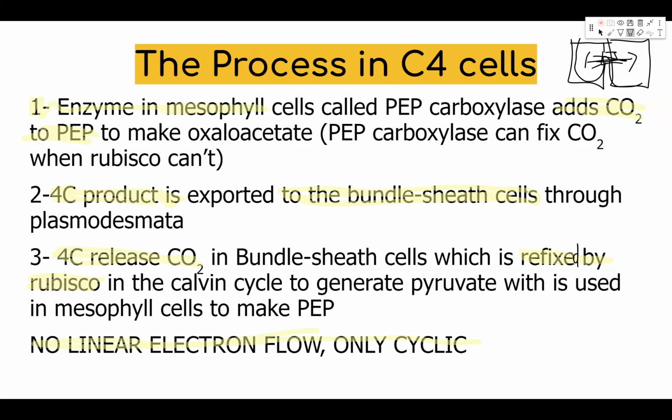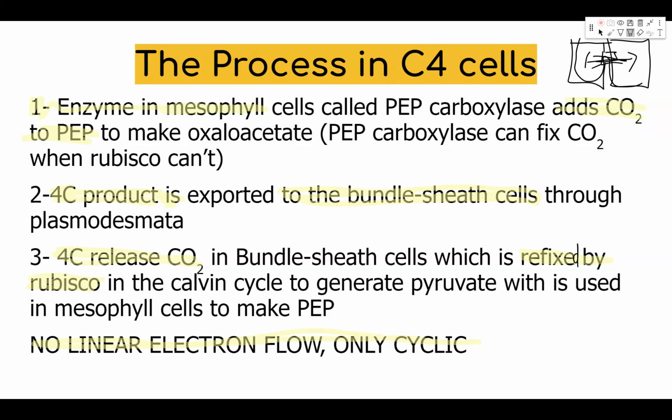In this process, in C4 plants, there is no linear electron flow. It's only cyclic electron flow. So remember, cyclic electron flow was a little bit less efficient than linear electron flow.